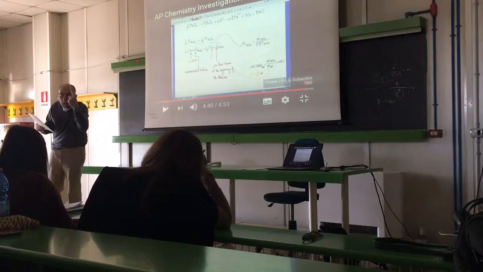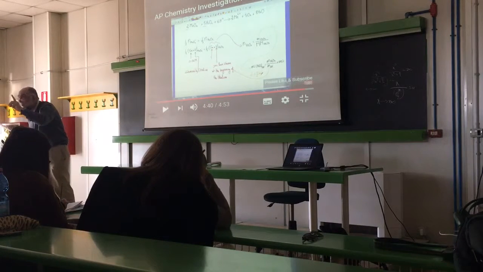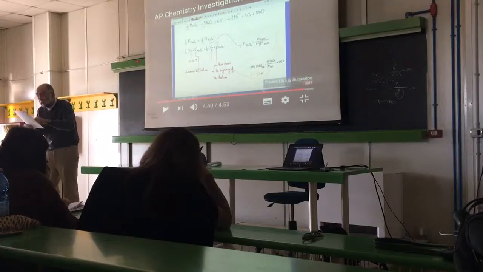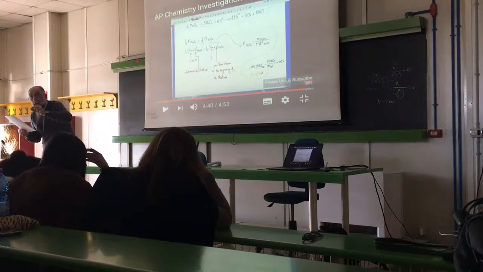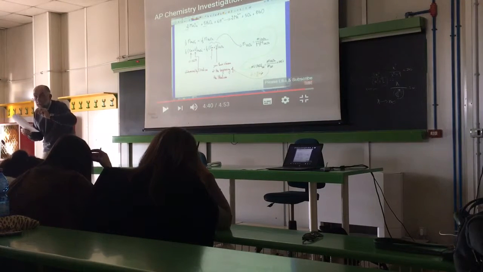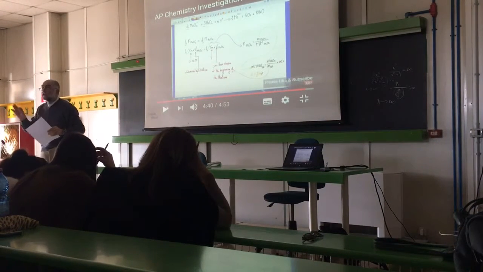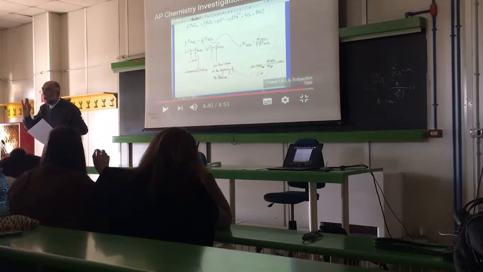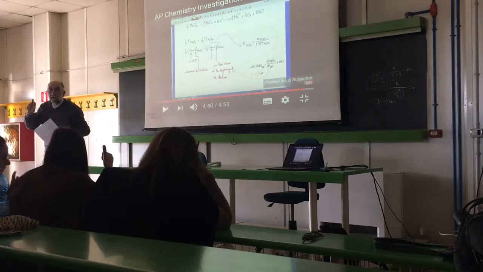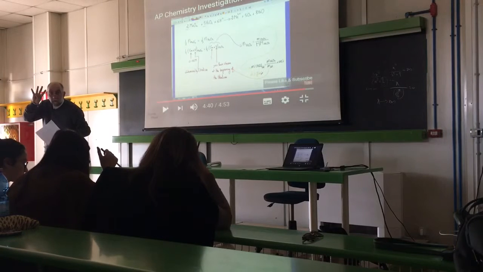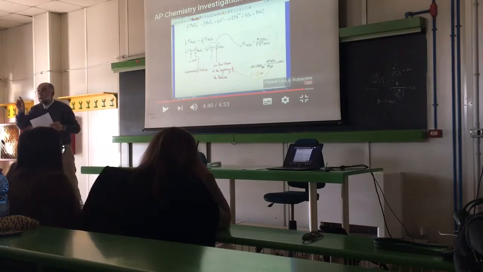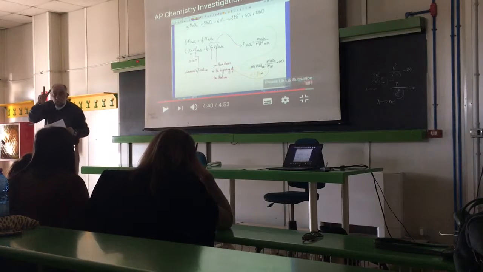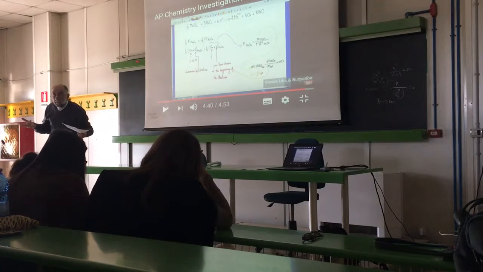In this case, if the permanganate is one normal, you will have 0.017 grams of hydrogen peroxide. Why? Because the hydrogen peroxide molecular weight is 34, and the molecular weight divided by 2 is 17.